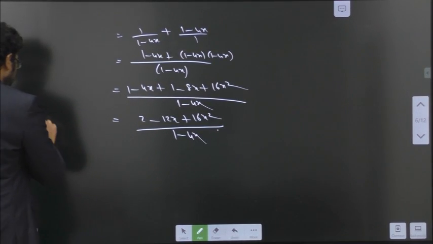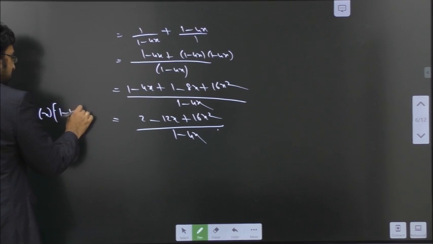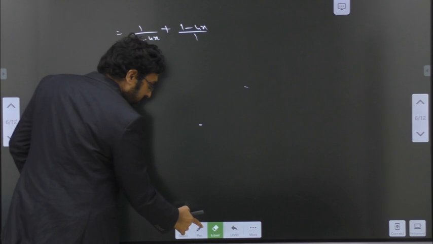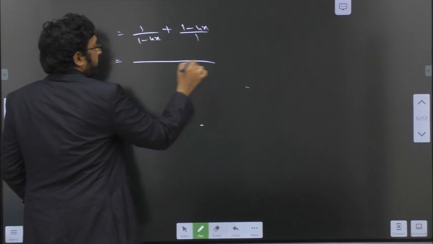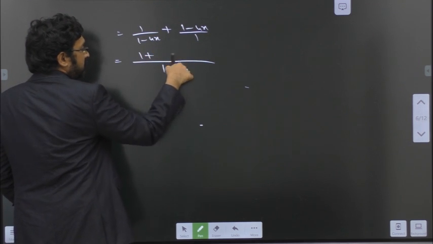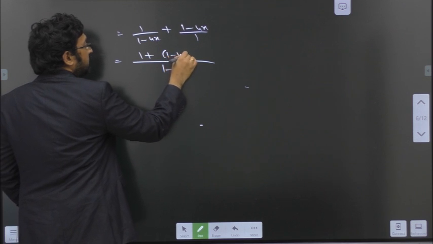All this is equivalent to g of x into 1 minus 4x plus 4x squared. Take LCM on both. So we will get 1 minus 4x here, 1 plus, here, 1 minus 4x into 1 minus 4x, so 1 minus 4x whole square.